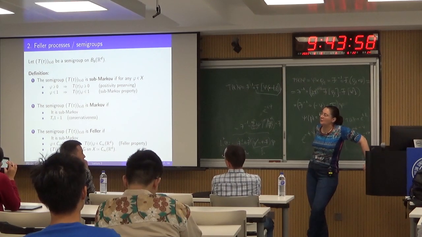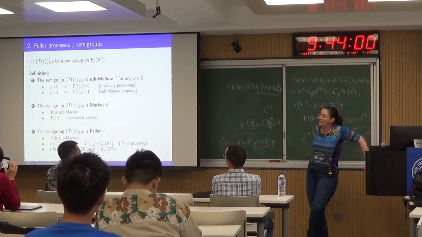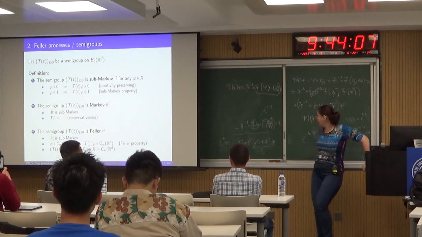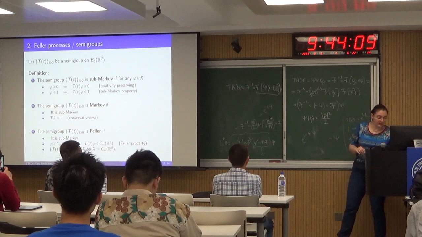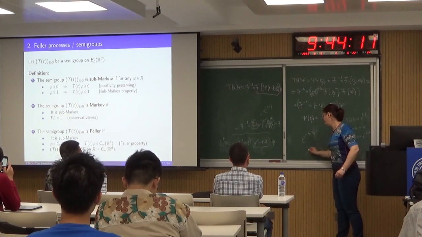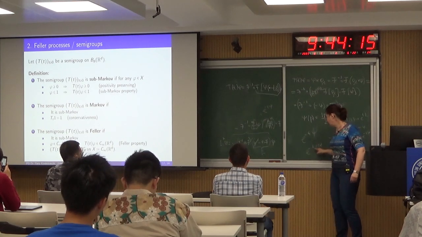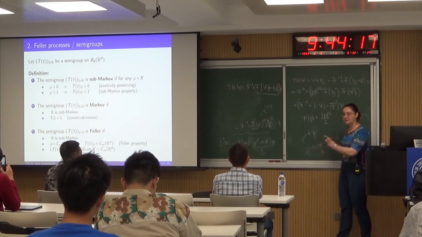But the thing is that we are interested not only in Markovian semigroups but also sub-Markovian. So some of them will not be conservative. If we have this factor, which will appear once again soon, then if t grows, this decays.